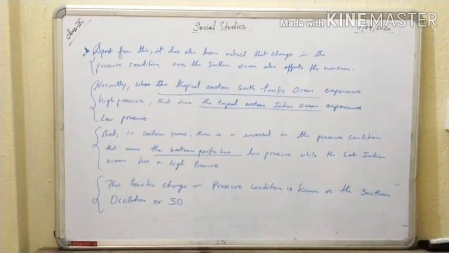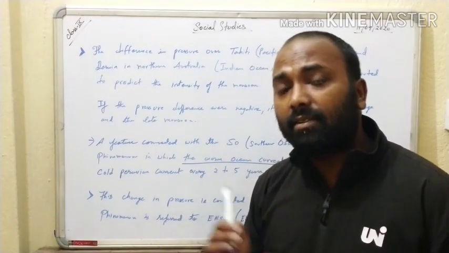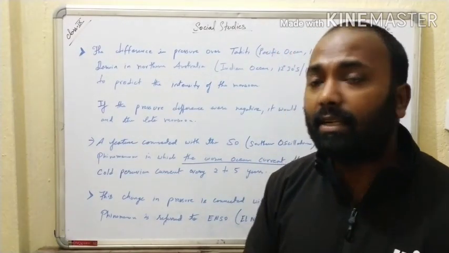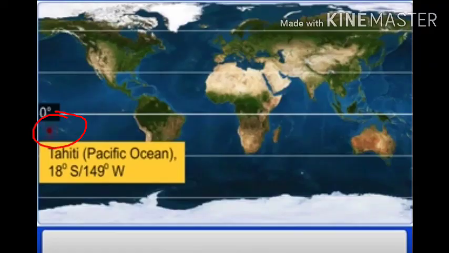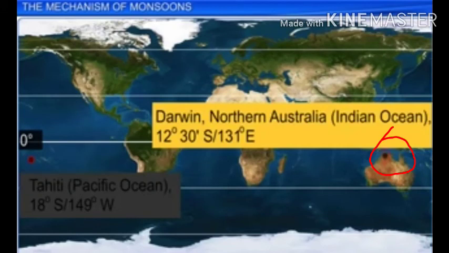Now let us understand another important fact that influences the Indian monsoon. The difference in the pressure over Tahiti, which is located in the Pacific Ocean at 18 degrees south and 149 degrees west, and another place, Darwin in northern Australia, which is located in the Indian Ocean at 12 degrees 30 minutes south and 131 degrees east.